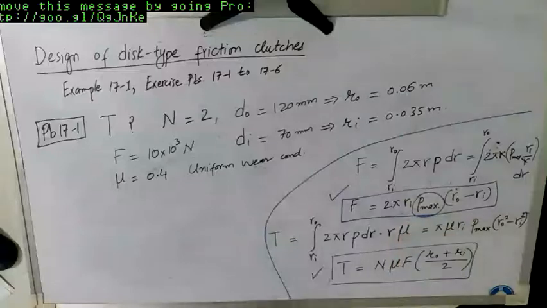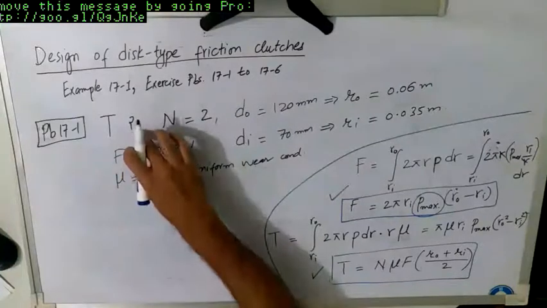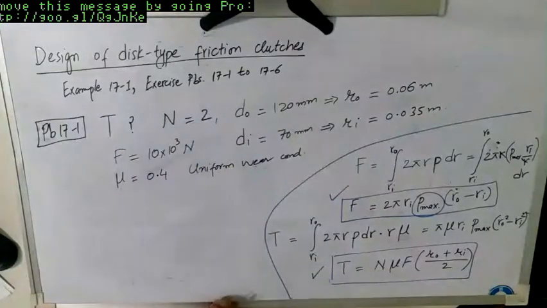So these are the formulas here, you can see that. Then it says, is the pressure on the lining acceptable, and what lining material would be suitable? For that we are going to consult a table from the book later on, but first we have to solve for the torque and other factors.